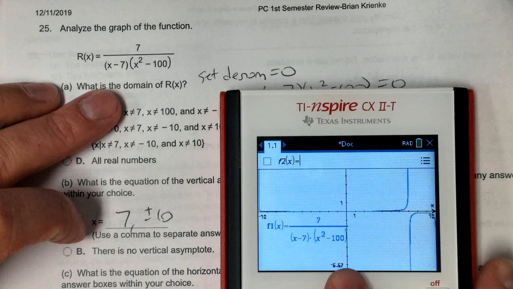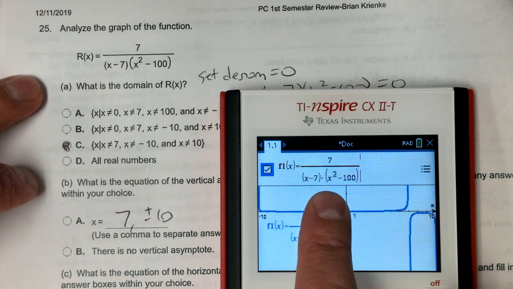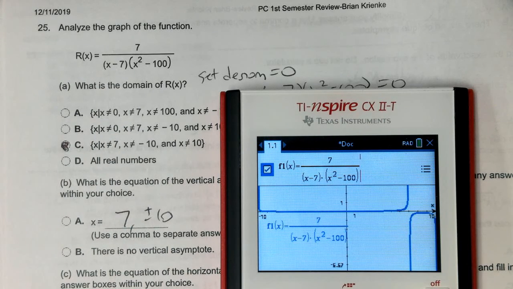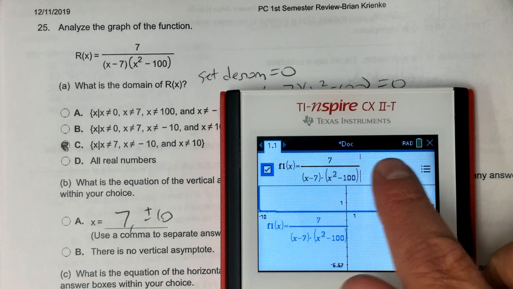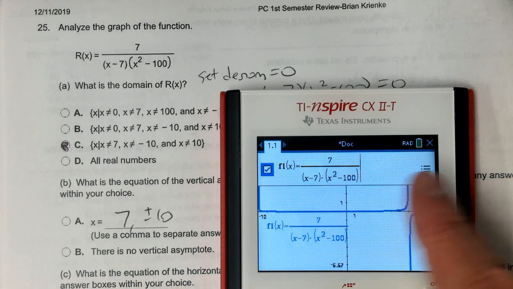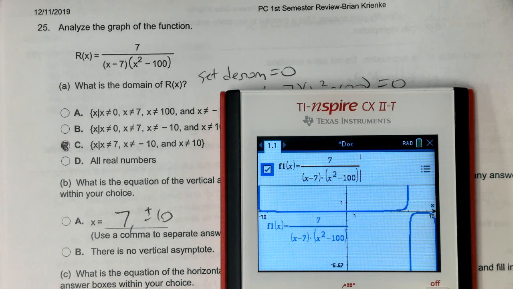Yeah, that's what you have to do. So use a double parentheses as you're entering in the denominator. Because if you don't, then the x squared minus 100 would just be to the side. You'd have to edit it and move it down.